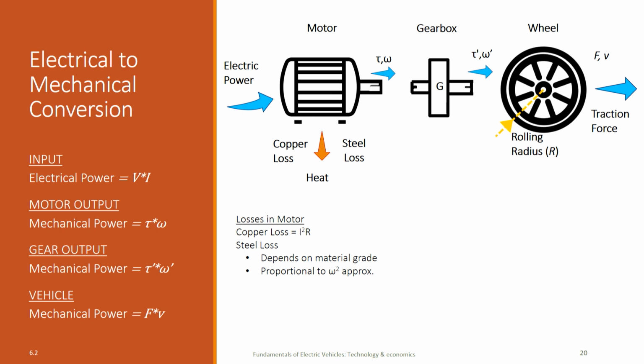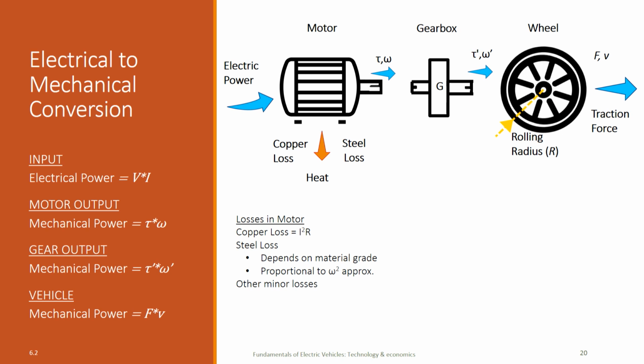Therefore, the overall energy loss on account of eddy current is proportional to omega squared, and that is the more significant contributor to it. And then there are some other losses which are proportional to omega to the power 1.5. So, it is a little bit messy and nonlinear, but very broadly we can assume that the steel loss is proportional to omega squared.